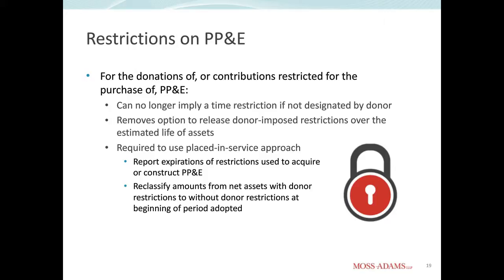So for example, you may have a computer that was donated to you and is to be used by the not-for-profit for a period of 3 years, and therefore would be brought out of net assets with donor restrictions and released into net assets without donor restrictions over that 3-year period of time.